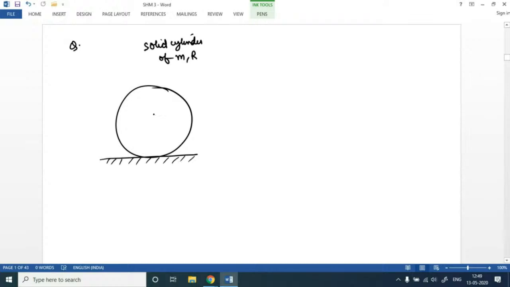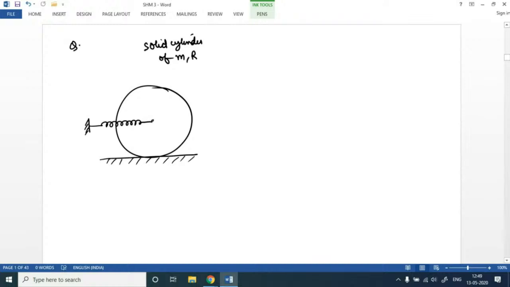The roughness of the surface is such that it is sufficient for pure rolling, right?